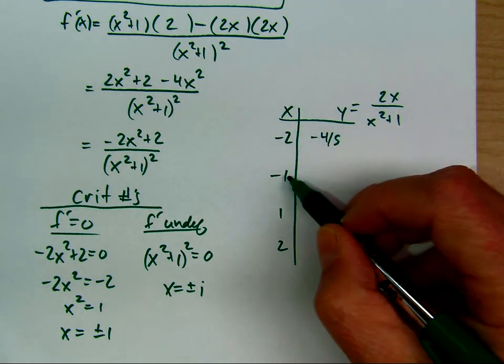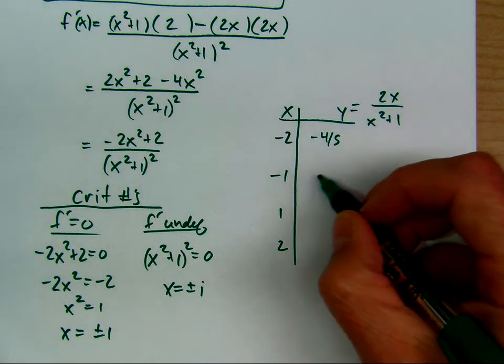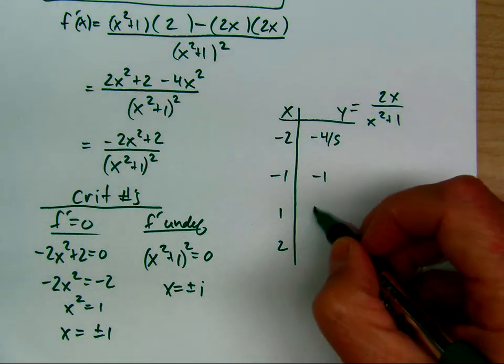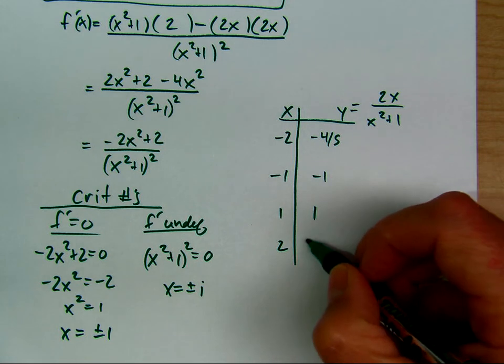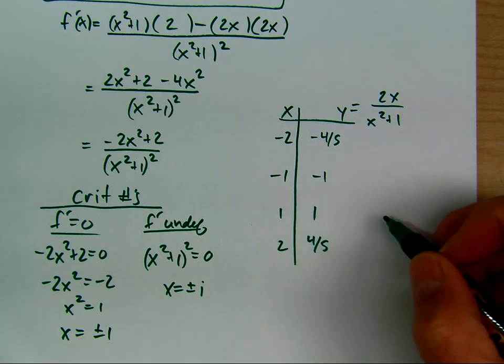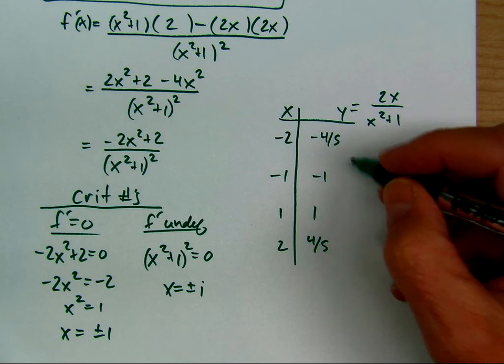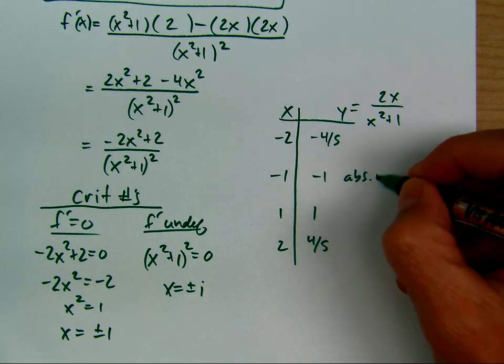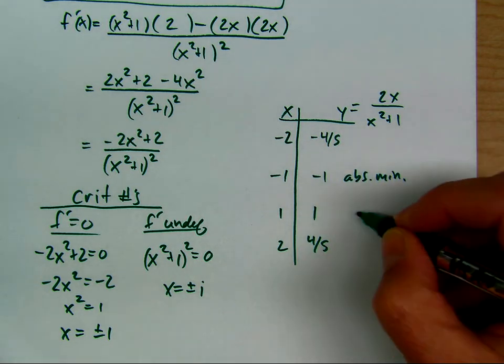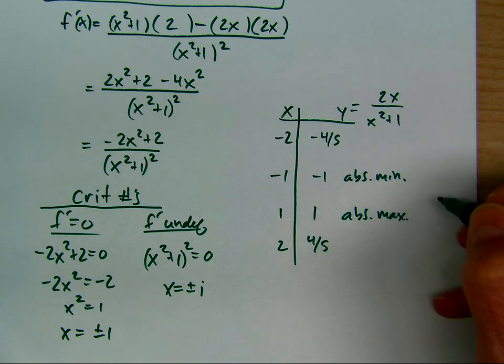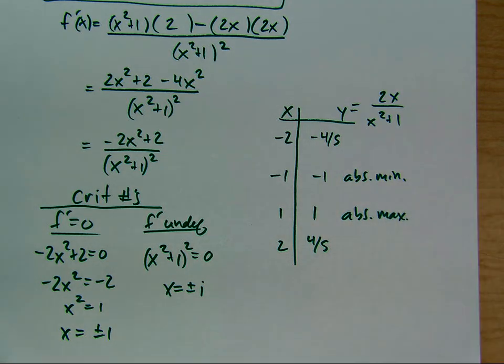Put a -1 in, we get -1. And a 1, we get 1. 2, we get 4/5. So we'll say that the -1 is the absolute minimum, and +1 is the absolute maximum. And we'll stop there.